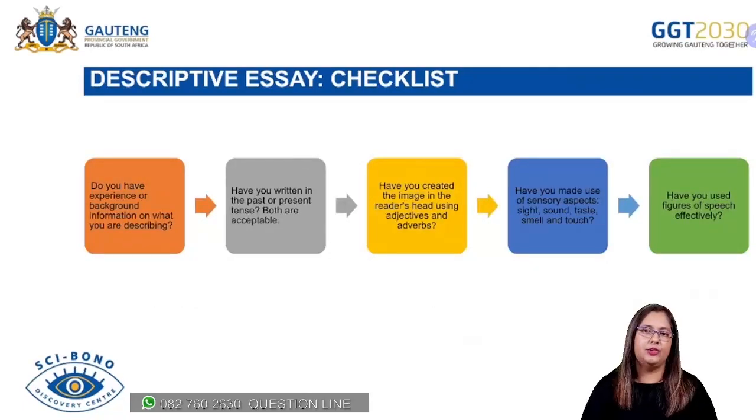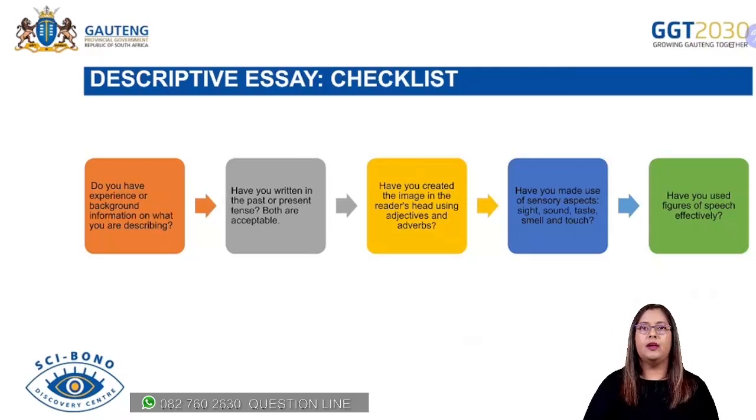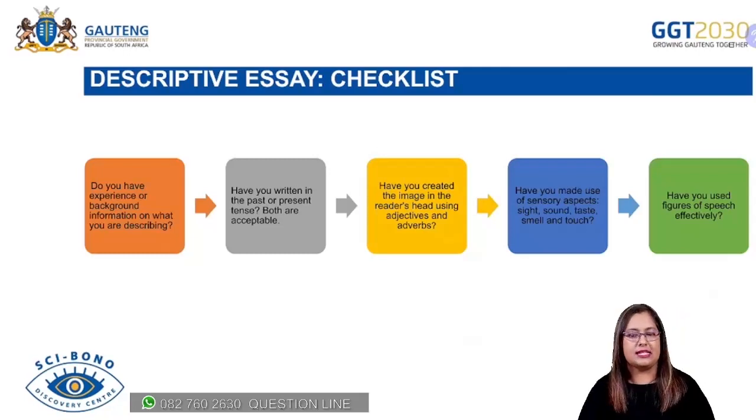A checklist for you on the descriptive essay. Ask yourself these questions. Do you have experience or background about the topic that you have chosen here? Have you written it in the past or the present tense? Because in this case, both are acceptable.